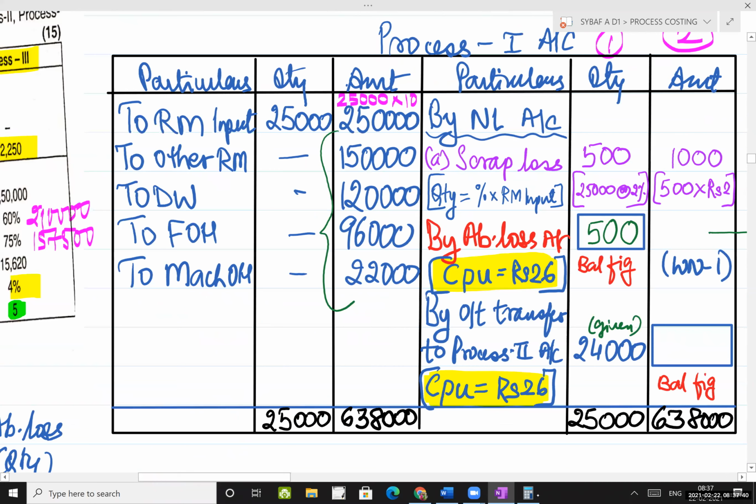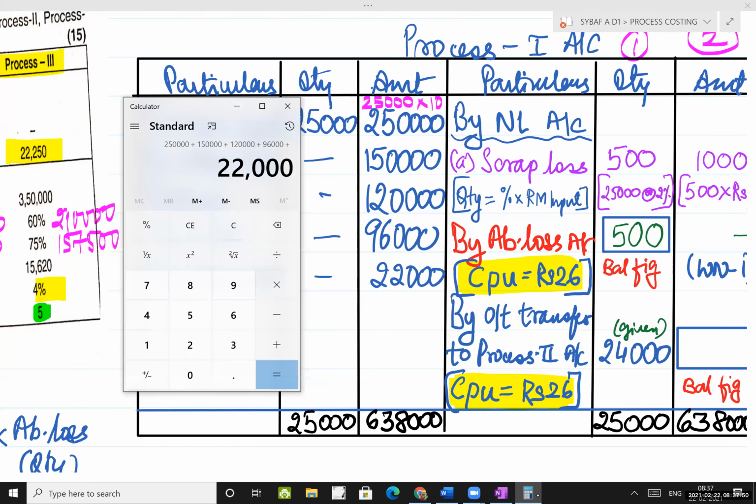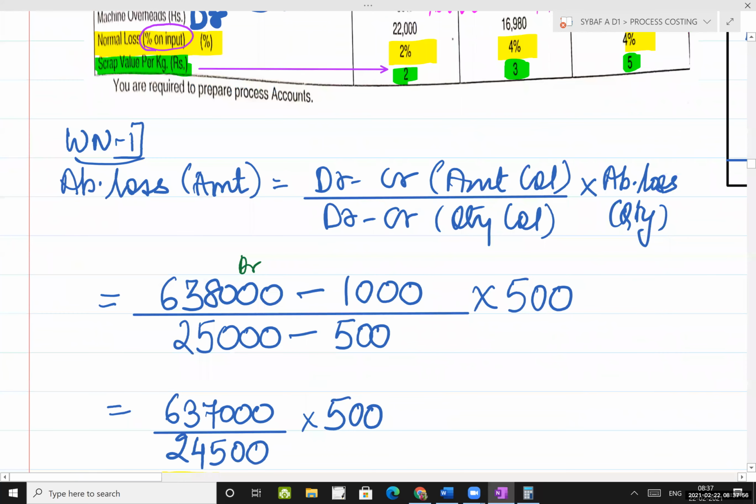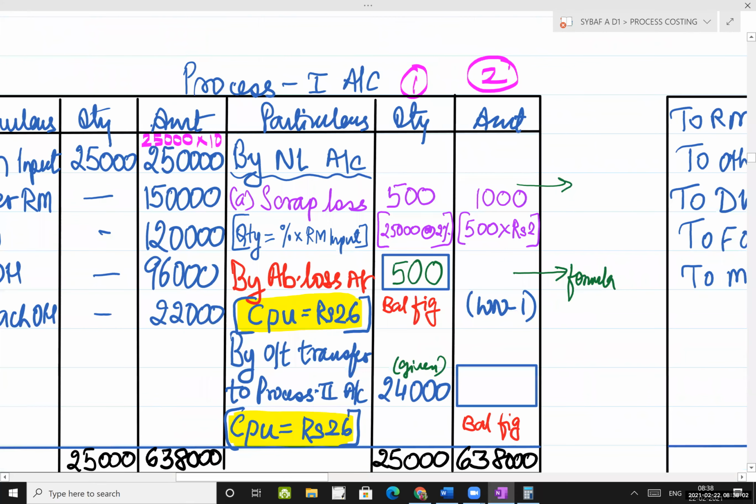So 2,50,000 plus 1,50,000 plus 1,20,000 plus 96,000 plus 22,000 is how much? 6,38,000. So this is my debit side. Then credit side. Credit side I have only one amount. ये वाला 1,000 वाला. So right there 1,000. Credit side 1,000.